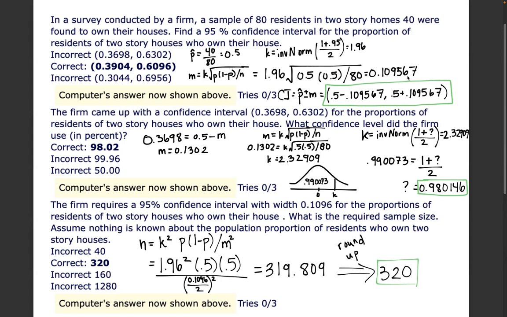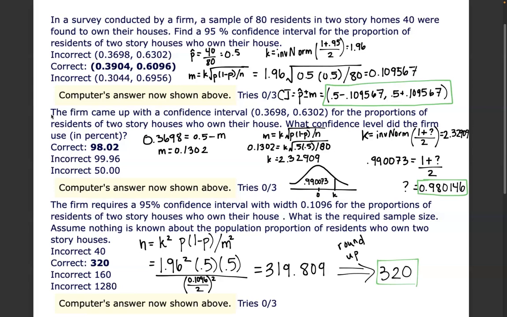Now it's time to actually calculate our confidence interval, because we have our p hat and we have our M, which we just found. So we have p hat plus and minus M. That would look like our lower bound would be 0.5 minus 0.109567, and our upper bound would be 0.5 plus 0.109567. And when you calculate this, it equals the correct answer in bold.